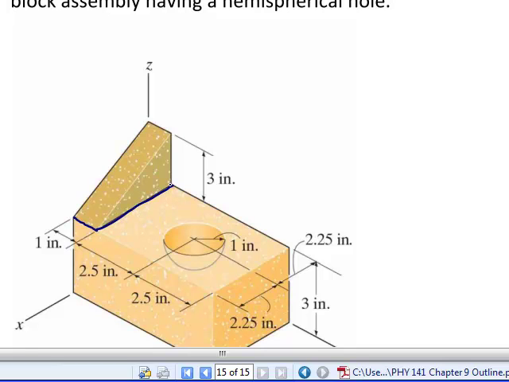So I'm going to call that one 1. And then the brick, as you called it, would be a rectangular prism.